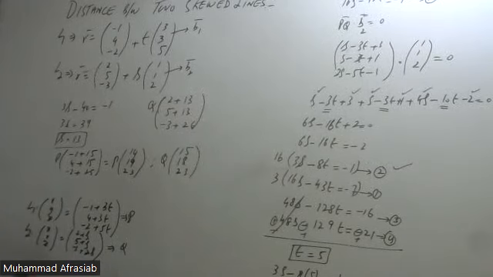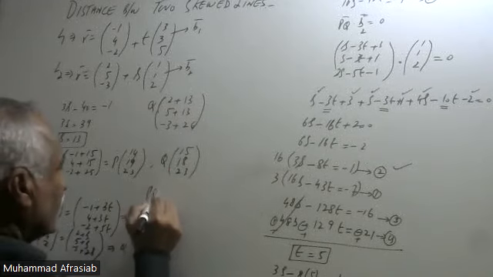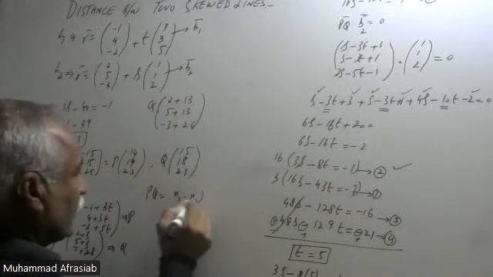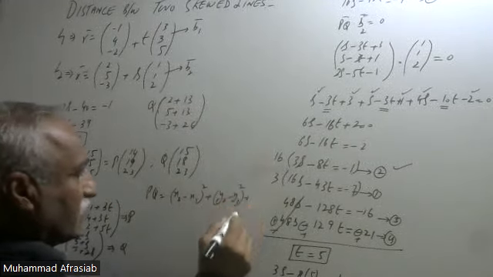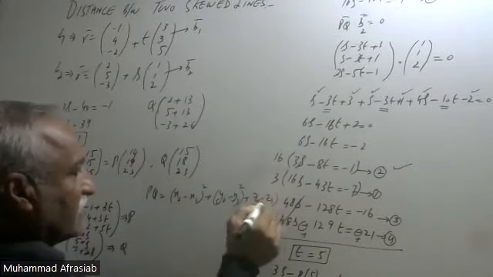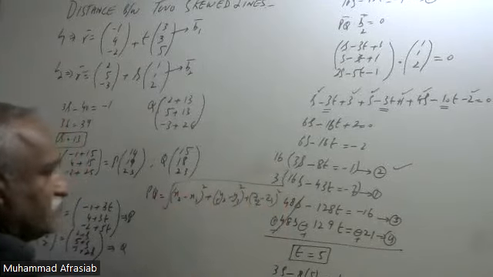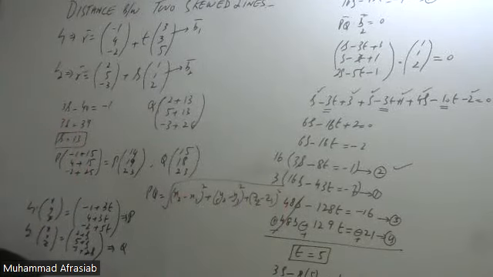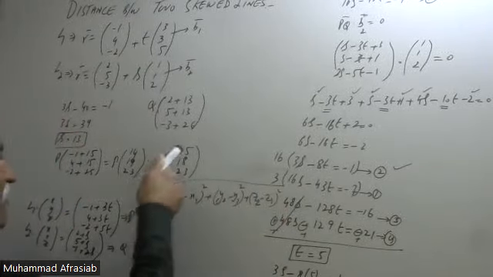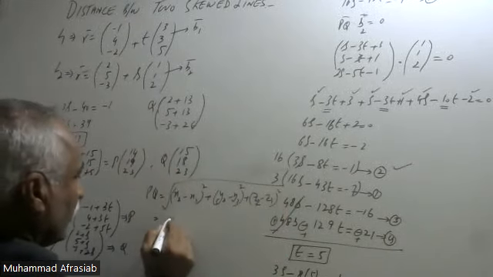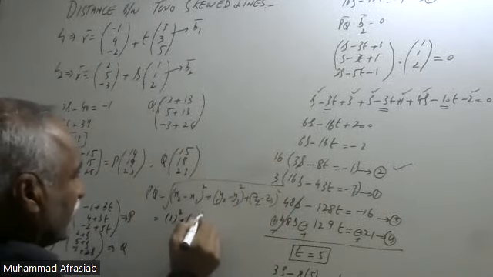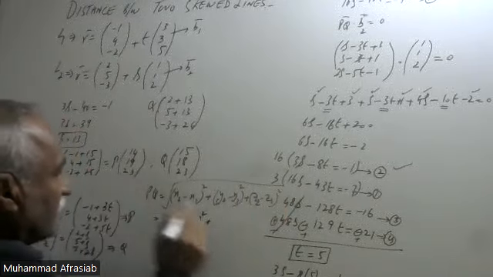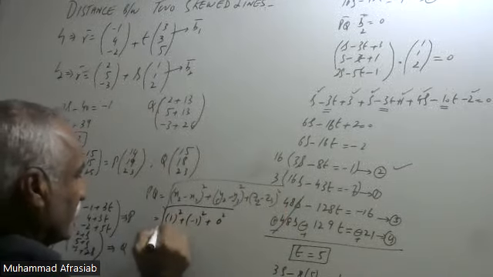We know the value of P, we know the value of Q. Then the PQ distance is basically equal to the square root of x2 minus x1 squared plus y2 minus y1 squared plus z2 minus z1 squared. So you can find the distance between these two points as 15 minus 14, that is 1 squared, plus 18 minus 19 is minus 1 squared, plus 23 minus 23 is 0 squared, and then the square root.